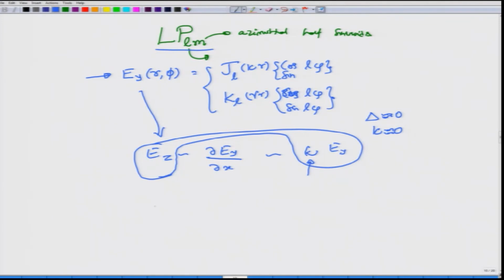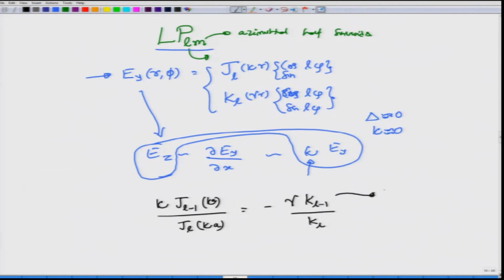Okay. The corresponding characteristic equation can also be simplified. It goes something like this: kappa JL minus 1 of kappa A divided by JL of kappa A must be equal to minus gamma KL minus 1 divided by KL. Of course, the argument of these is gamma times A. Okay, and cutoff conditions are obtained by setting gamma to 0.